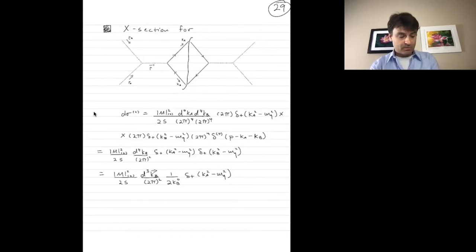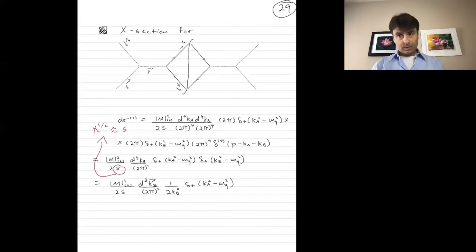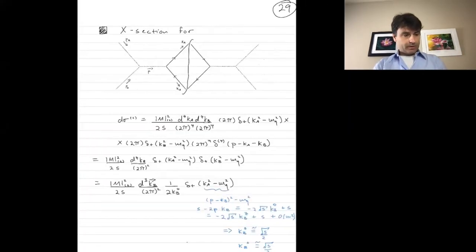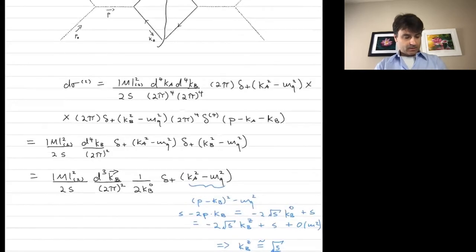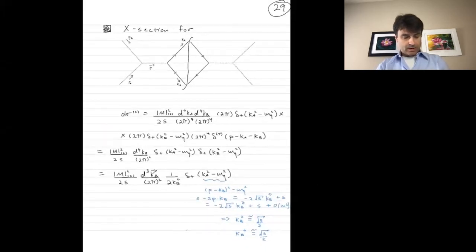Okay, first I'm going to get rid of KB0 and I get an expression like this. And by the way, I've already done lambda 1/2 approximately equal to S here. Now I can use the fact that Ka is equal to P minus Kb to do this on-shell delta function.